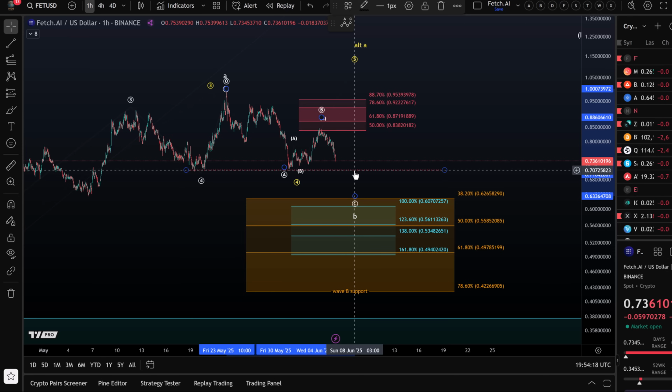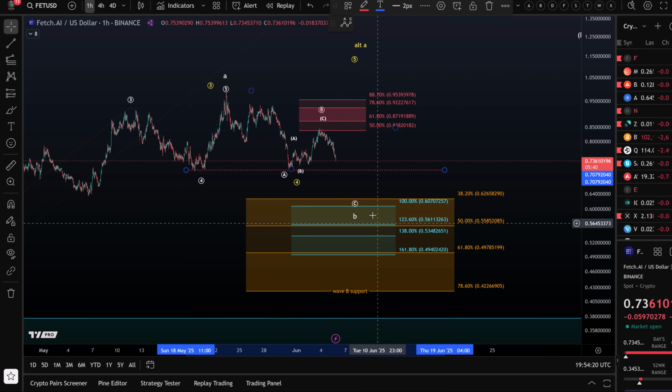The next structural support is located here around 70.8 cents. So once we break below this level, it opens the door to a test of that support area starting at 62.6 cents. But then the blue zone is really the area I'd like to see the market test before bottoming out. That's the update on FET.